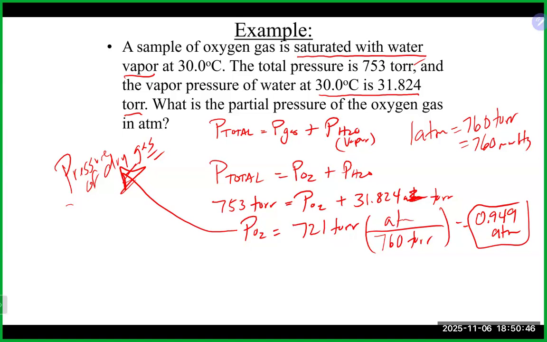Yeah. It doesn't matter. They could be in any unit, like anything else, as long as they're the same. But clearly, if you're going to go into the ideal gas law, since everything has to be in atmospheres, it will end up being atmospheres in that case. So commonly you'll see atmospheres, but it could definitely be in different units.